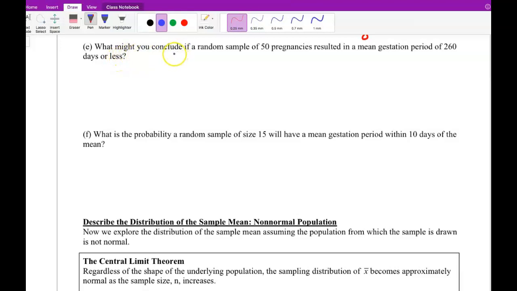What might you conclude if a random sample of 50 resulted in a mean period of 260 days or less?